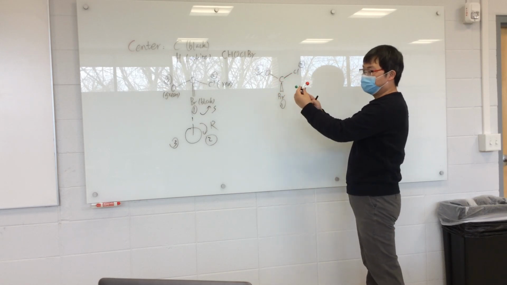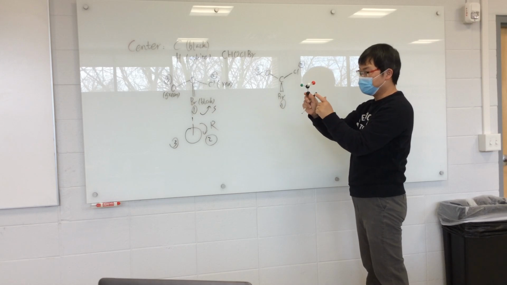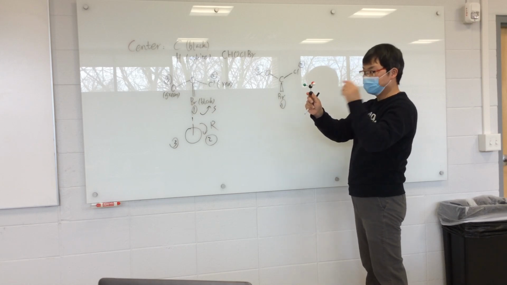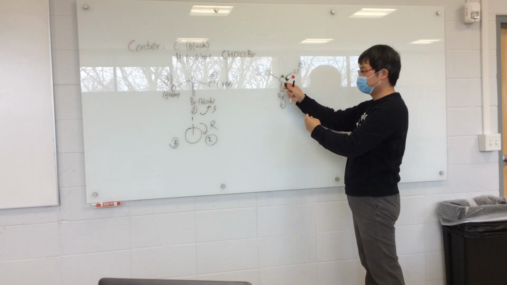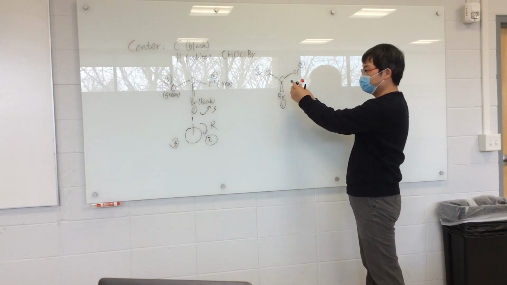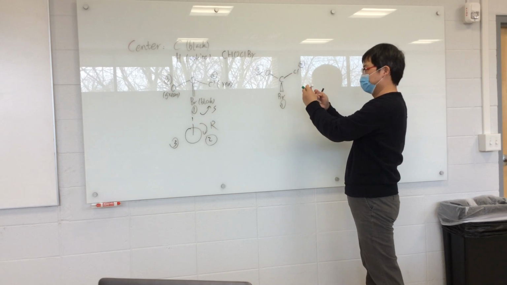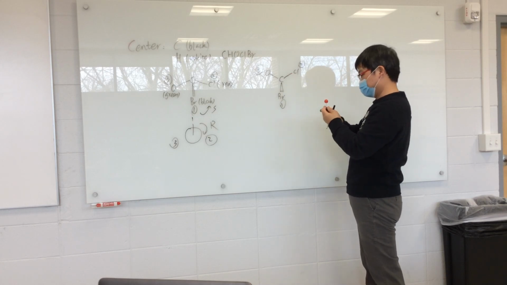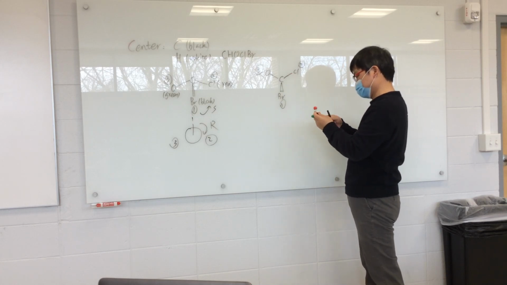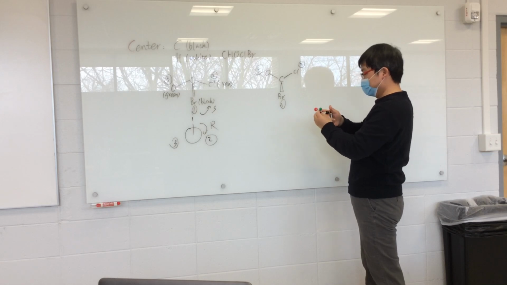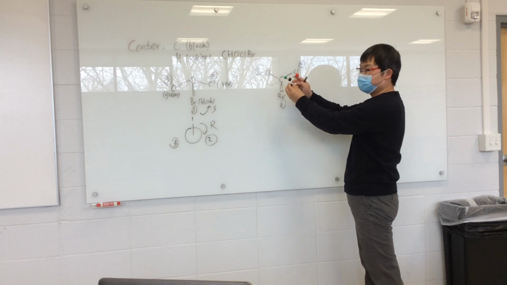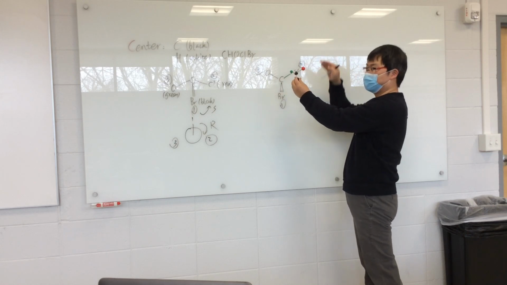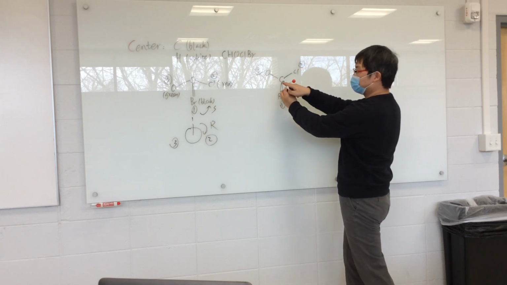So if we want to put bromine still out of plane, we need to change these two. So we need to put the bromine here. You see here, the hydrogen is still behind this plane, on the other side. You see oxygen, chlorine.